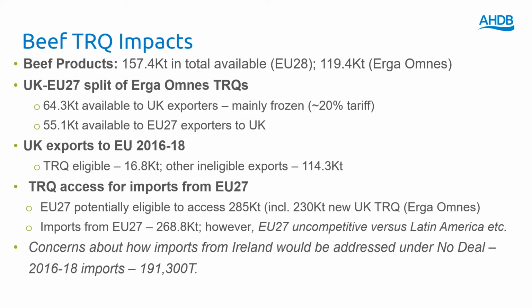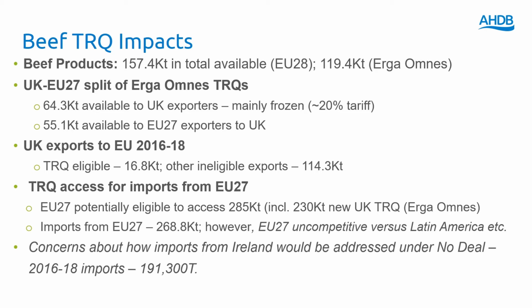So whilst the EU could theoretically get access to that and would have a total level of market access of 285,000 tonnes, it also needs to be aware that, of course, Latin American countries will have access to that 230,000 tonnes of TRQ as well. So there will be competition issues for imports coming in from the EU27 market in that context.